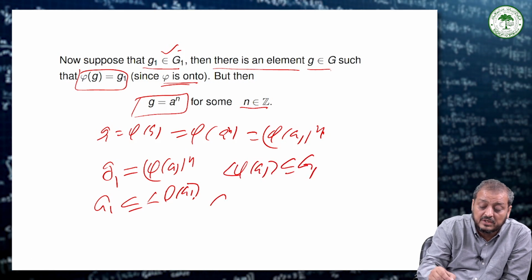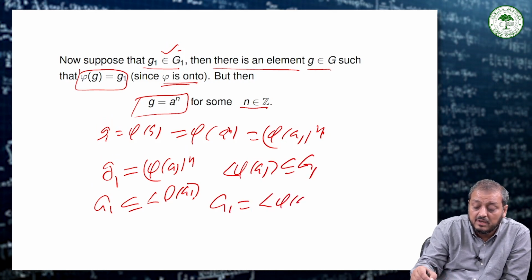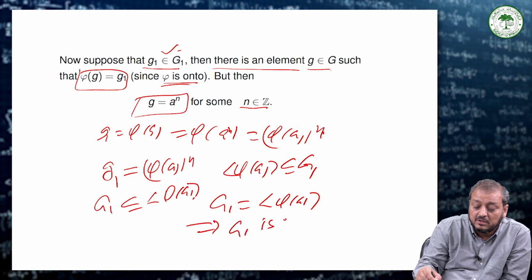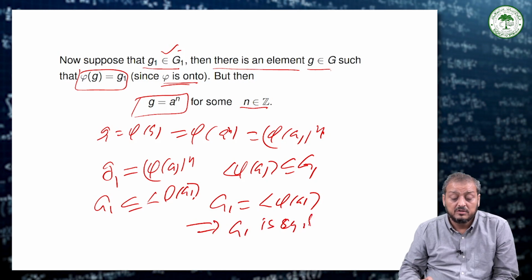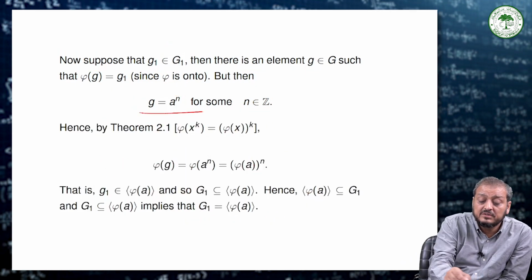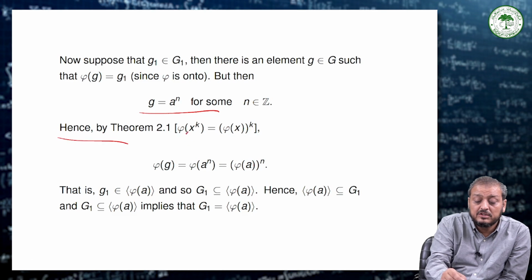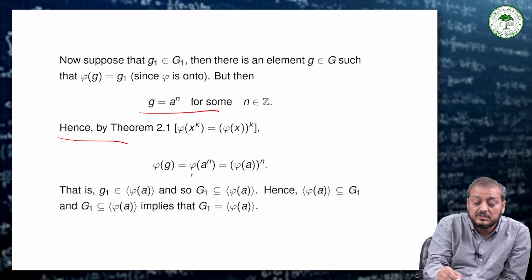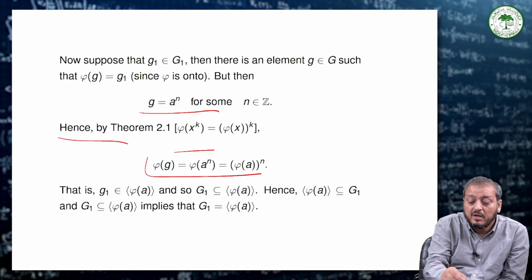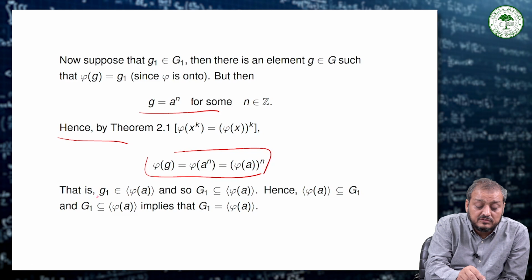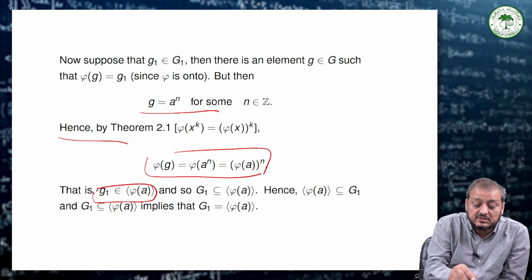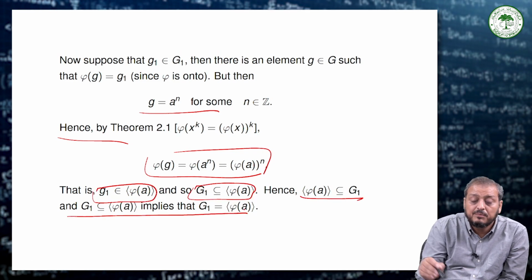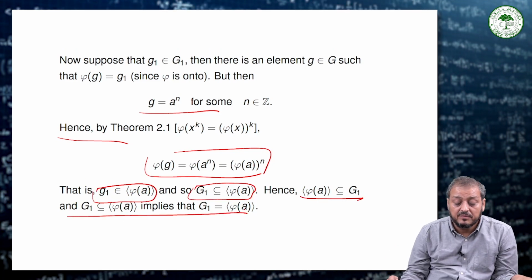By these two we can say that G1 is generated by phi of a, and this implies that G1 is cyclic. We use the property that phi of x to the power k is the same as phi of x whole to the power k. So phi of g is equal to phi of a to the power n, and hence G1 is equal to the group generated by phi of a.